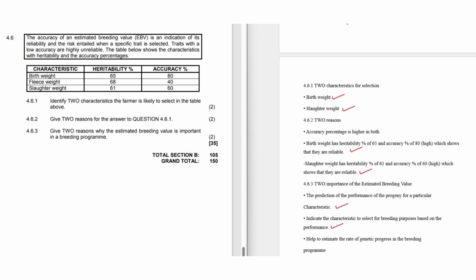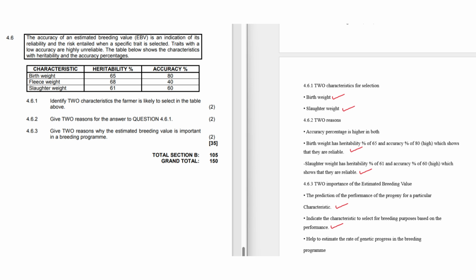Okay, so prediction is guessing what characteristics will be in the offspring. That's the prediction, guessing. But now we are guessing using data. This data that we get from heritability, those percentages.